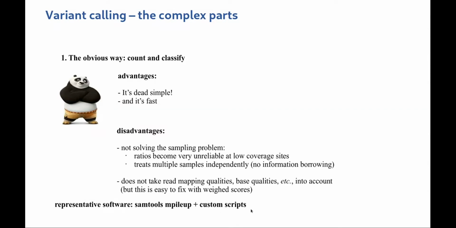So SAMtools is a tool suite made for manipulating SAM-BAM data, so the typical input to variant calling tools, and the MPileup tool within that suite is good for producing, as the name implies, those pileups of reads from the BAM file, and then you just basically go through the pileup that you're literally then obtaining as a tabular file, where each row in the file is a position on the genome, and then you have all the bases tabulated that provide information for this position, and then you parse that file with custom scripts to do the actual variant calling.